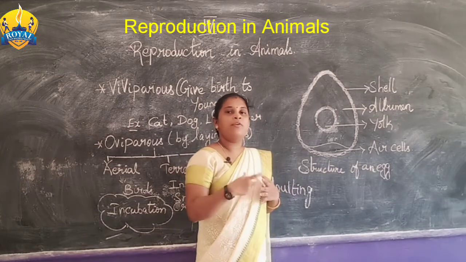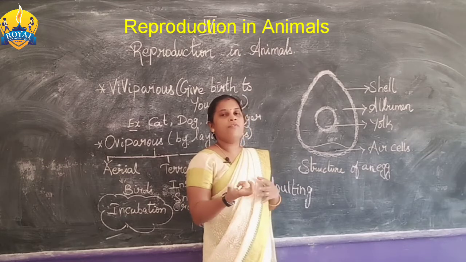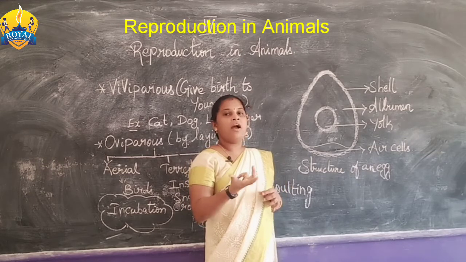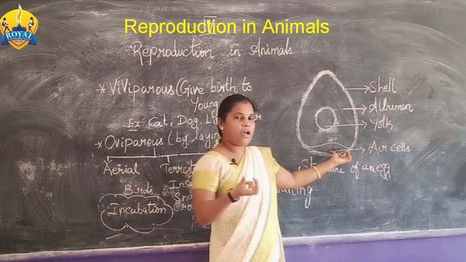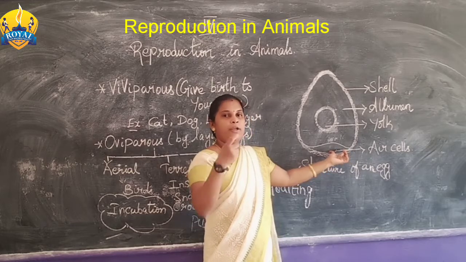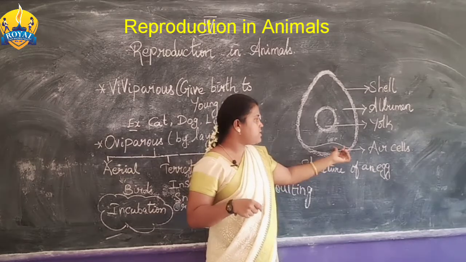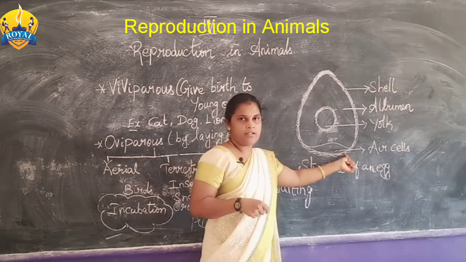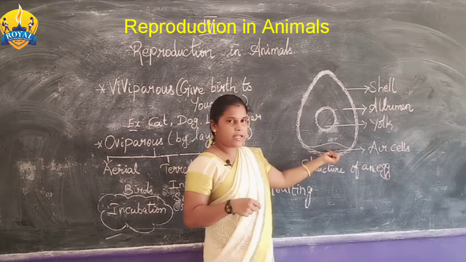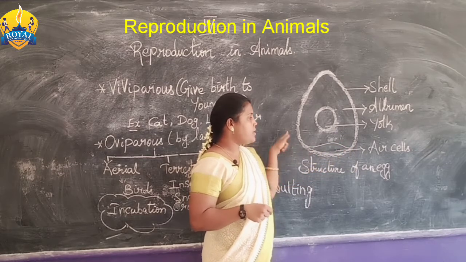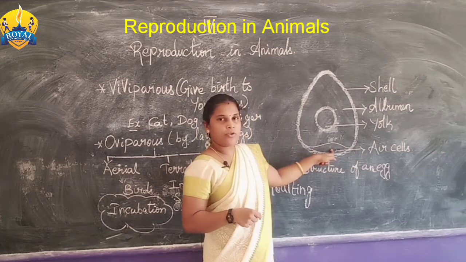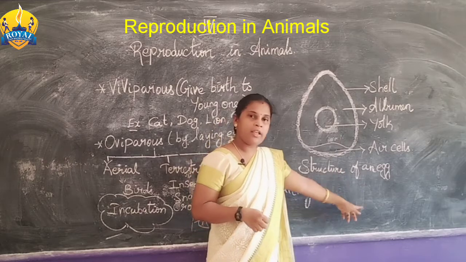When the egg will hatch, when it is very warm, the egg will hatch, no? So after that warm condition, it makes some cool part, that starts from the air cell. That cool part starts from the air cell and it is located in the larger part of an egg. Okay, so this is the structure of an egg.